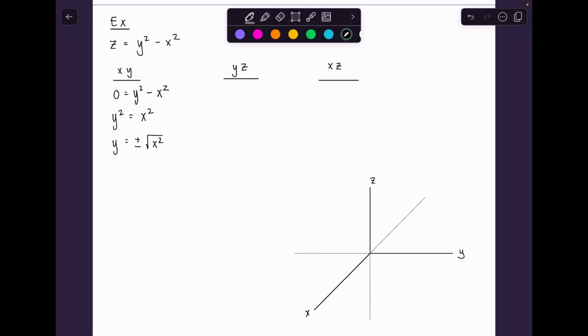And when I take a square root of something squared, it doesn't just cancel, it gives you the absolute value. So ultimately what that would mean is in the xy plane, you're really going to have two absolute values, one being positive, one being negative. It gives you a giant cross.